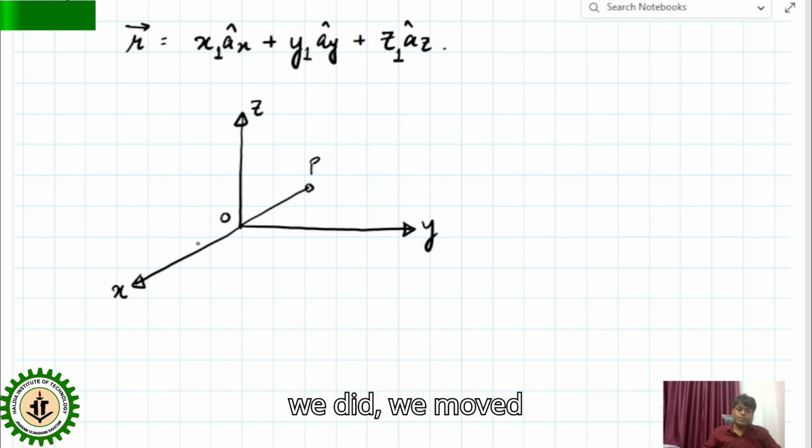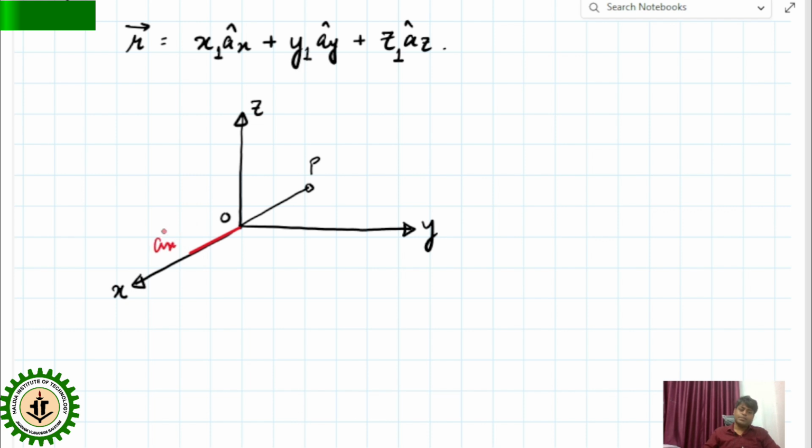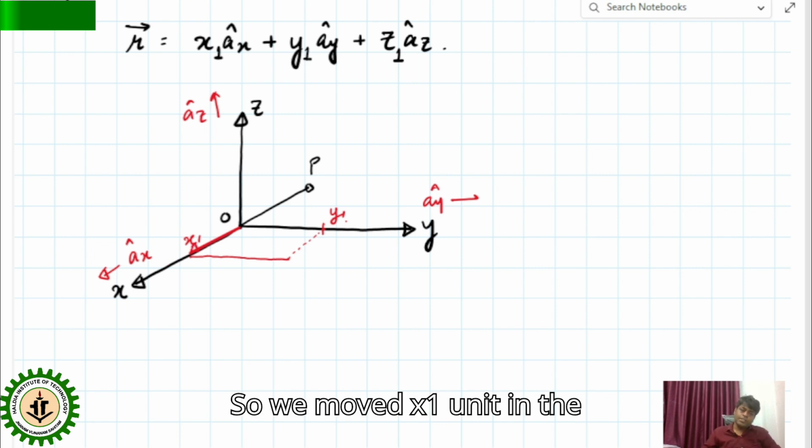What we did, we moved x1 unit in the ax direction.